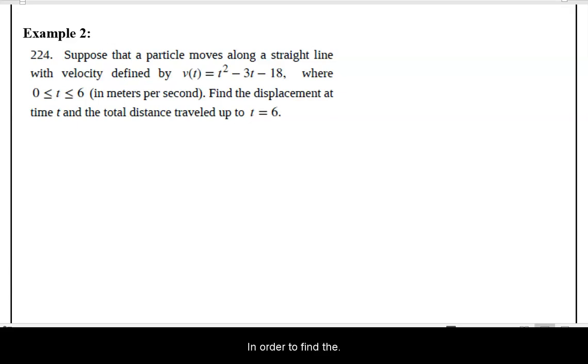In order to find these, and starting with velocity, to get from velocity to position, you would need to integrate. Since the relationship is that the derivative of position is velocity, then the integral of velocity is position. Let's write that part down.